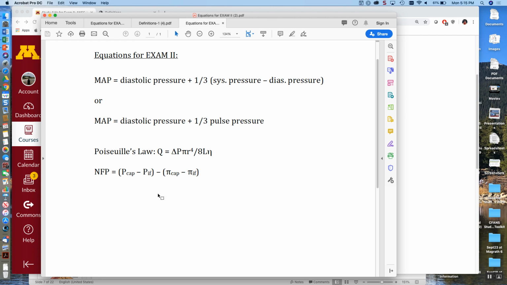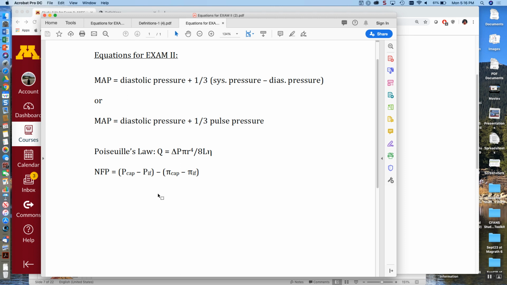Stroke volume is basically the amount of blood that's forced out of the heart during ventricular systole. You can calculate that by knowing something about end diastolic volume. That's the total amount of blood that's forced into the ventricle. And ejection fraction.